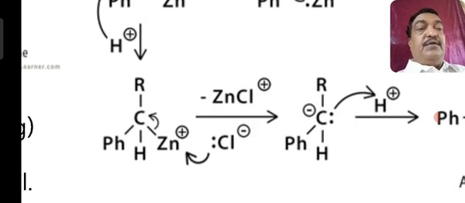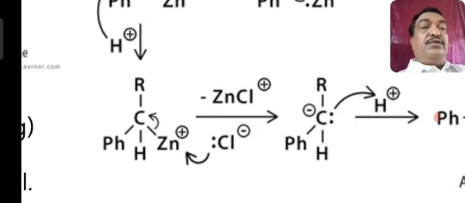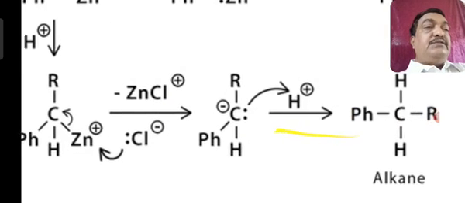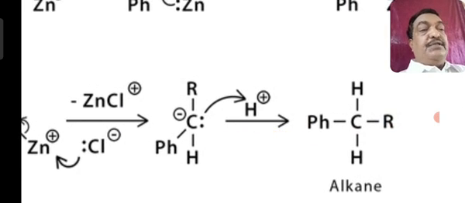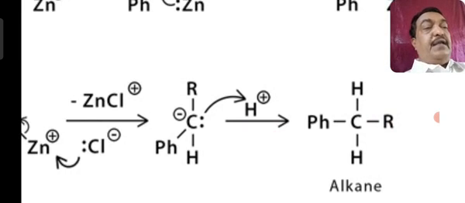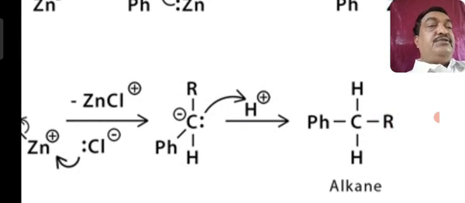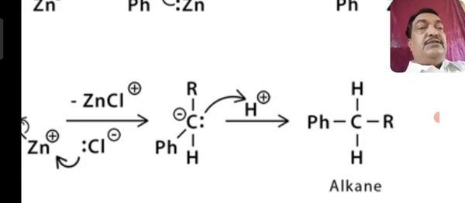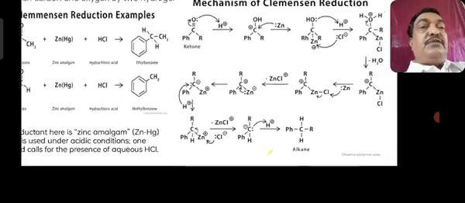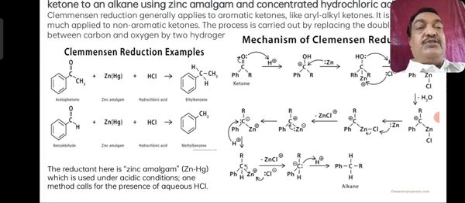This protonated product reacts with Cl minus to give minus ZnCl and phenyl with RH, and in the last step again a protonation takes place and it will be converted into an aromatic alkane. Aromatic alkane means the benzene ring contains either CH3 or it may contain C2H5, etc. So this is a peculiar reaction. Try to remember what Clemmensen reduction is.